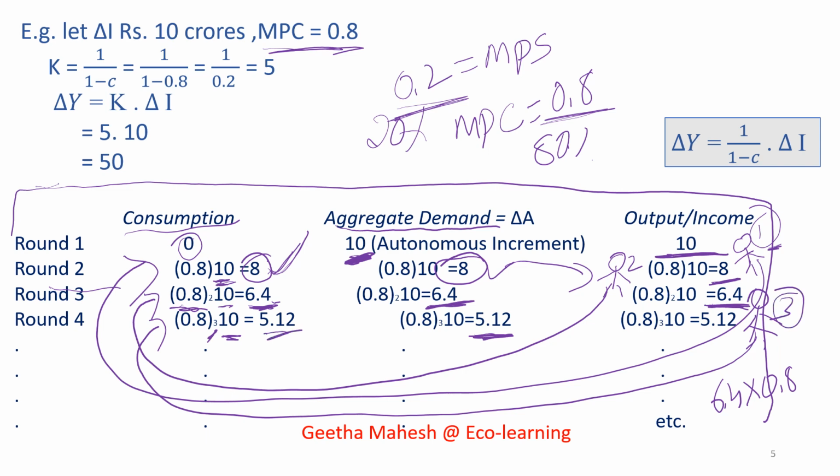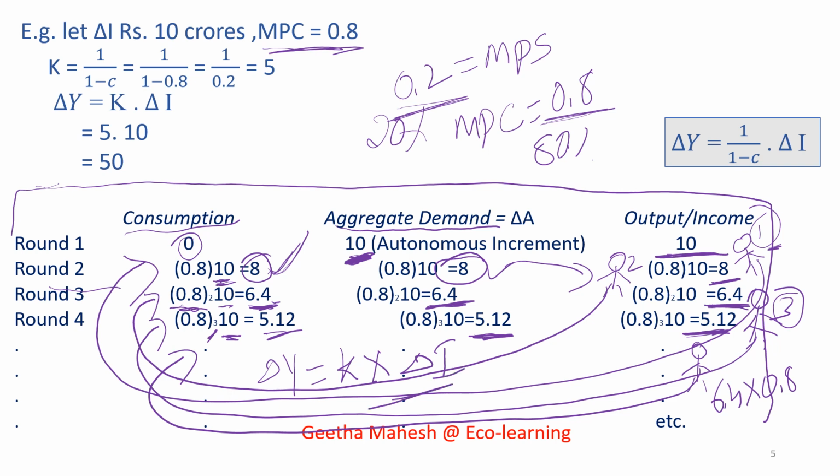Then the fourth person will get income of 5.12 crores, and this process will continue till the change in income is equal to K into delta I.